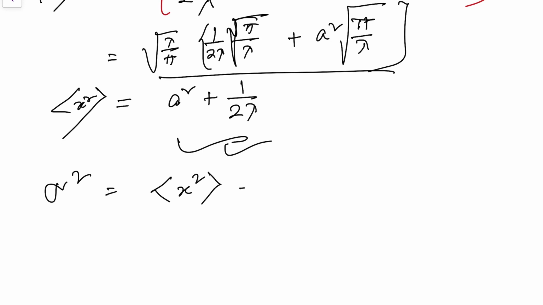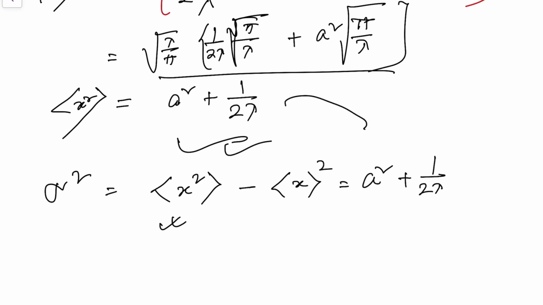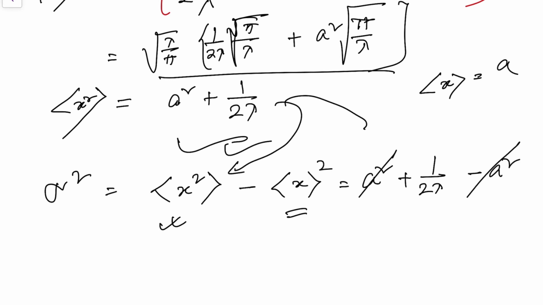We have already got a square plus 1 by 2 lambda, and the average of x is equal to nothing but a, so here we will get a square only.